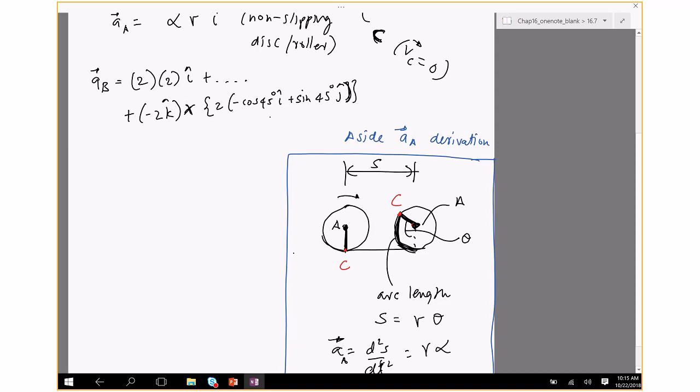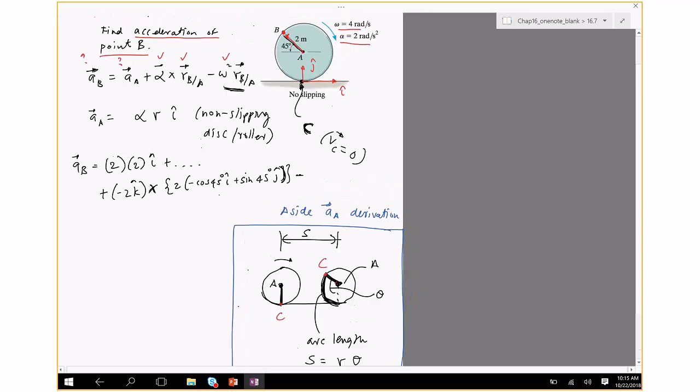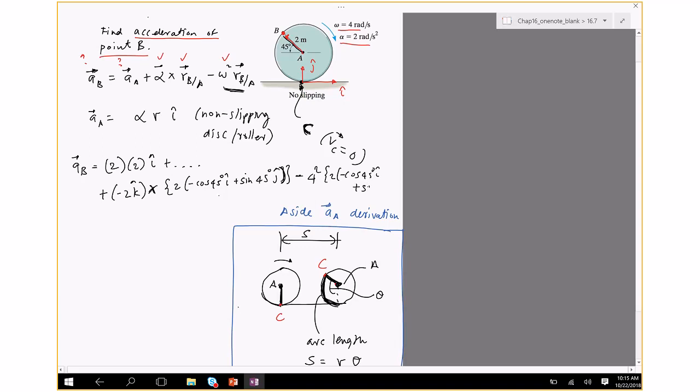Okay, and then minus omega squared r of B with respect to A. So that's going to be minus omega is 4, so 4 squared, and the same vector, 2 times minus cosine 45 degrees i plus sine 45 degrees j.